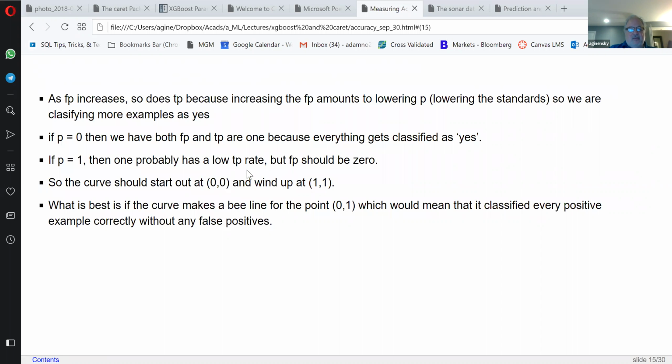The best thing would be if it made a beeline to the point 0,1 very early on. 0,1 is the point at which nothing you called true is false and everything you called true is true. It's perfect classification. And this is the ROC curve.